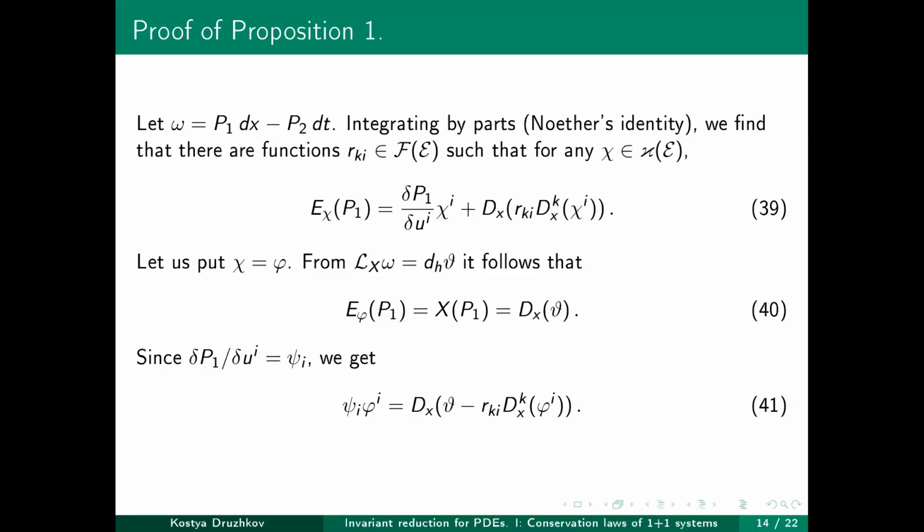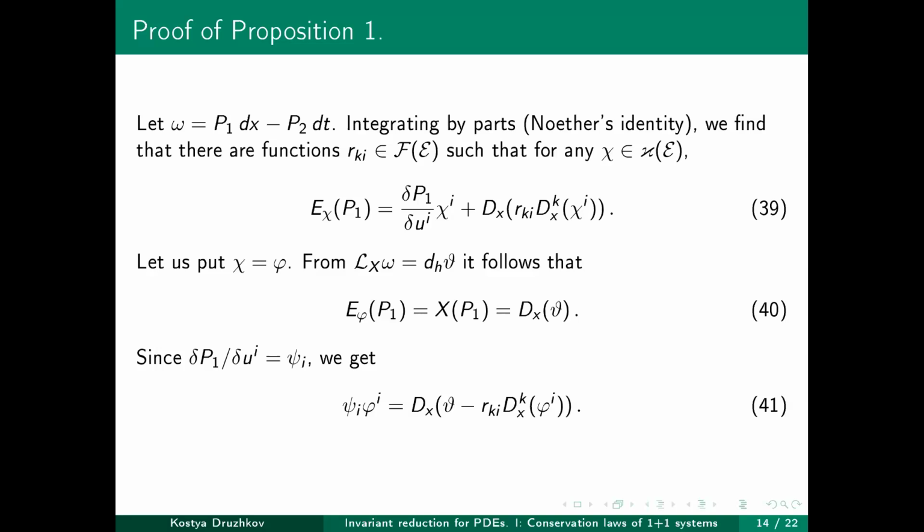So formula 39 is written for the Noether identity. It is usually written on jets, but since we deal with evolution equations, we can write formula 39 on the equation manifold. The formula is just integration by parts. We have this left-hand side. We apply our evolutionary vector field to the component P1, and integrating by parts, we get the right-hand side, and that's it. Let us put P equal to phi, the characteristic of the symmetry under consideration.